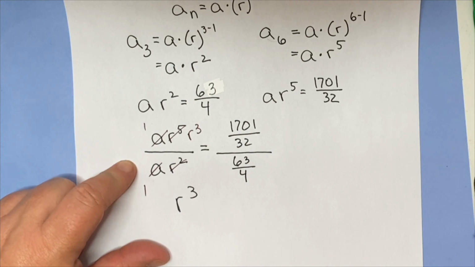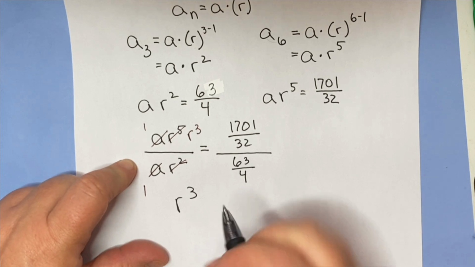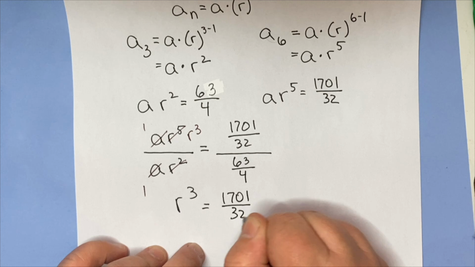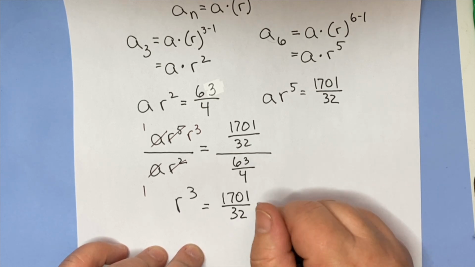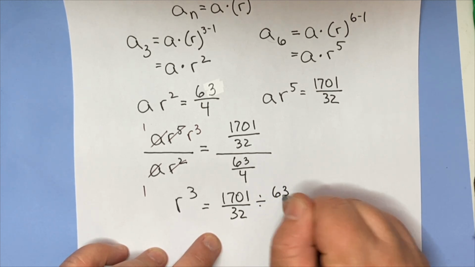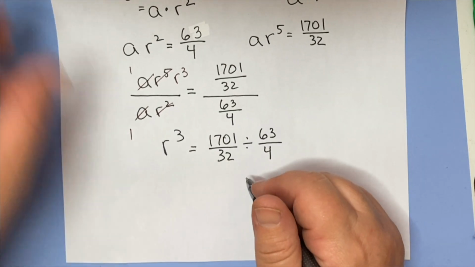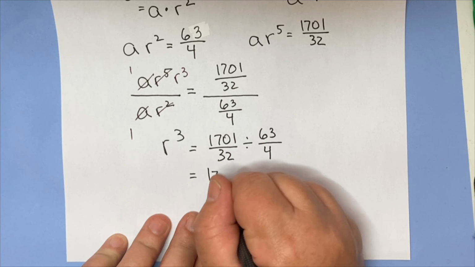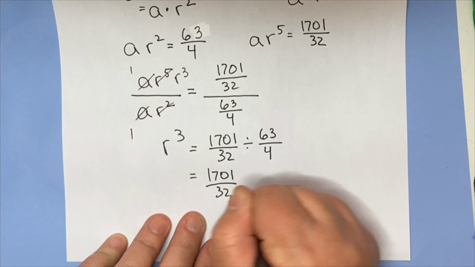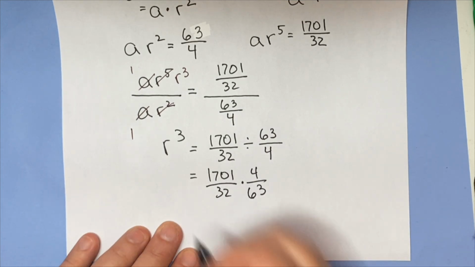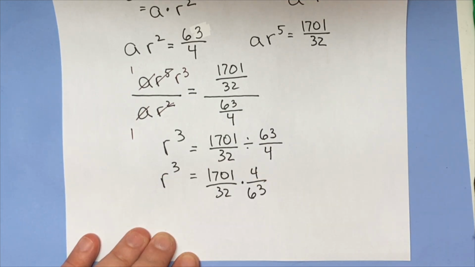The trick is to remember that when you have fractions like this, you use division. So let's put it back in division: 1701 over 32 divided by 63 over 4. So that's going to be 1701 over 32 times 4 over 63. And remember, this is going to be R cubed.